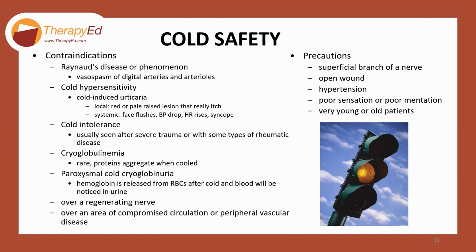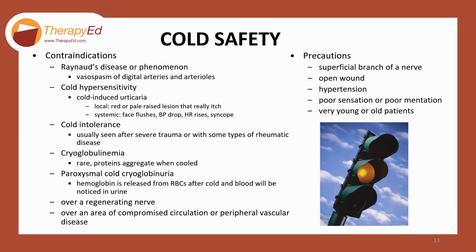It's a rare condition, but what happens is your proteins aggregate when it's cold. And there's paroxysmal cold hemoglobinuria, and again, hemoglobin is released from red blood cells after the cold and the blood. And so what they tend to notice is blood in the urine.